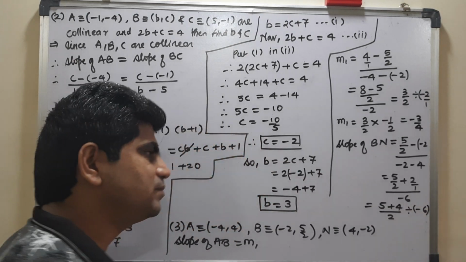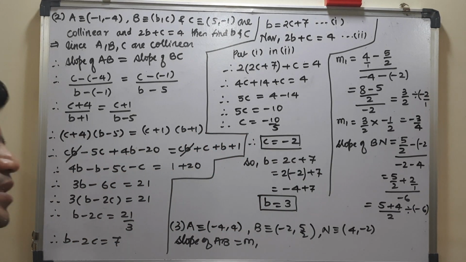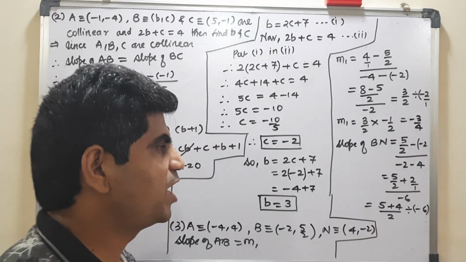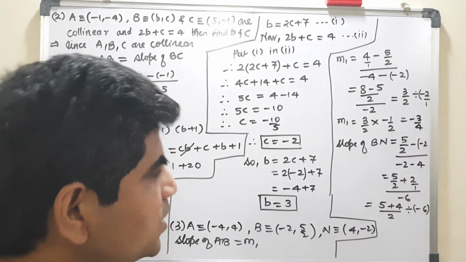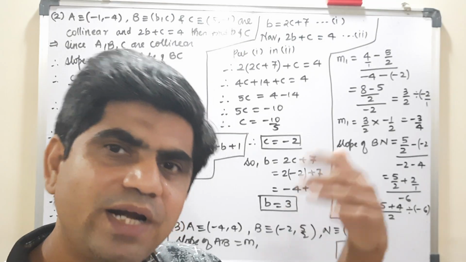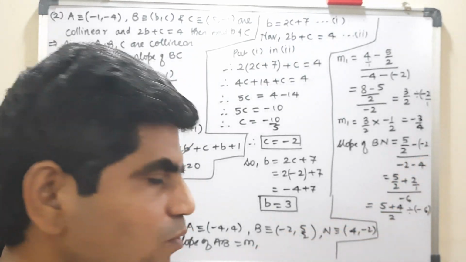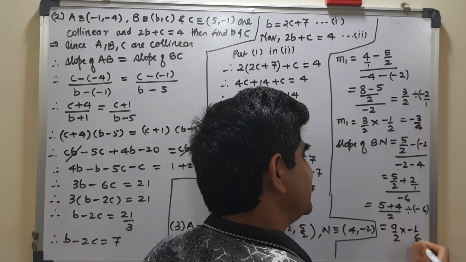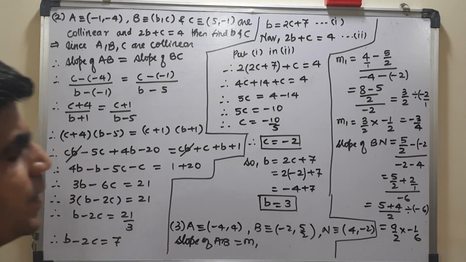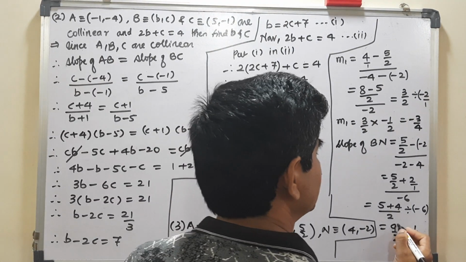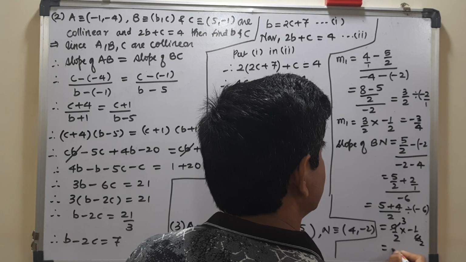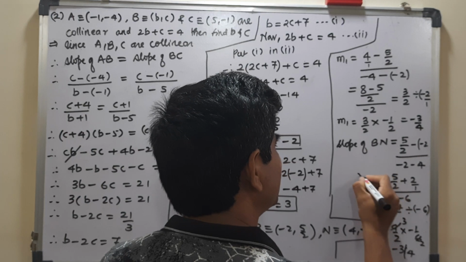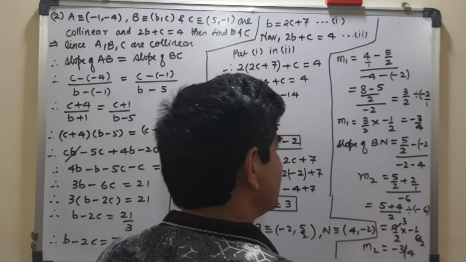So this will turn out to be 5 plus 4, 9, 9 by 2. Division cannot be done, so I will convert it into multiplication and it will become minus 1 by 6. That is 9 by 2 into minus 1 by 6. So this will become, 3 3s are 9, 3 2s are 6, that is minus 3 by 4. This is your slope of BN, which is your M2.